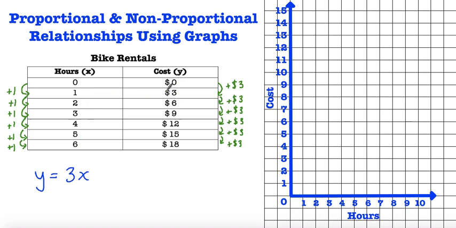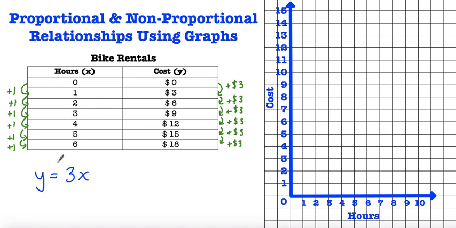So 1 times 3 is 3, 2 times 3 is 6, 3 times 3 is 9, and so forth.